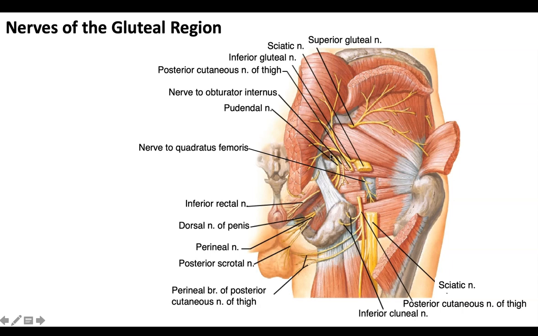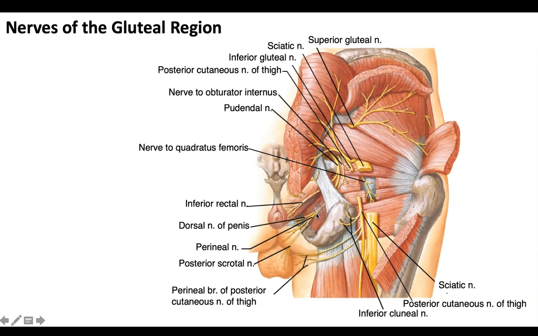So the pudendal nerve enters through the greater sciatic foramen, crosses over the ischial spine, and then re-enters through the lesser sciatic foramen. See, this is the lesser sciatic foramen under the sacrotuberous ligament, and then the pudendal nerve enters the perineum.